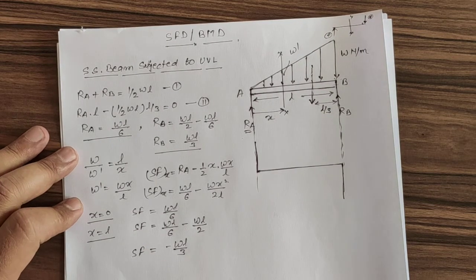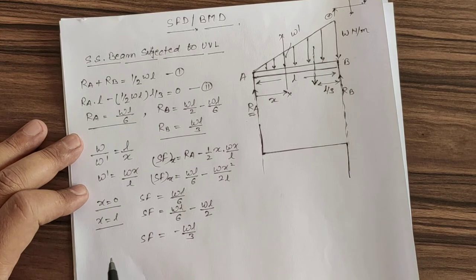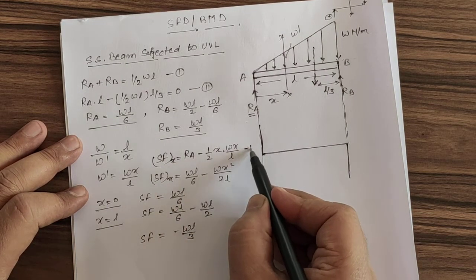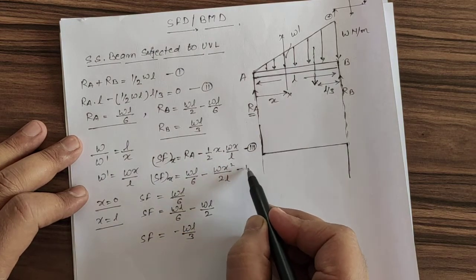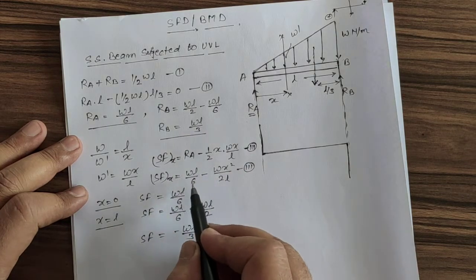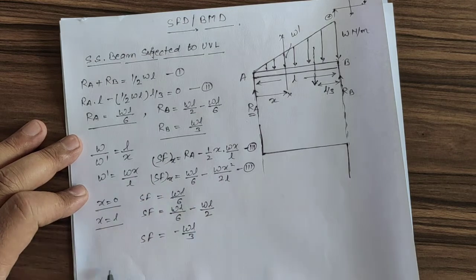Okay. At a particular location of x, we will have 0 shear force. Okay. So the 0 shear force will be found by putting equation number 3 equal to 0. By putting equation number 3 equal to 0, we can calculate the value of x for which shear force is 0.